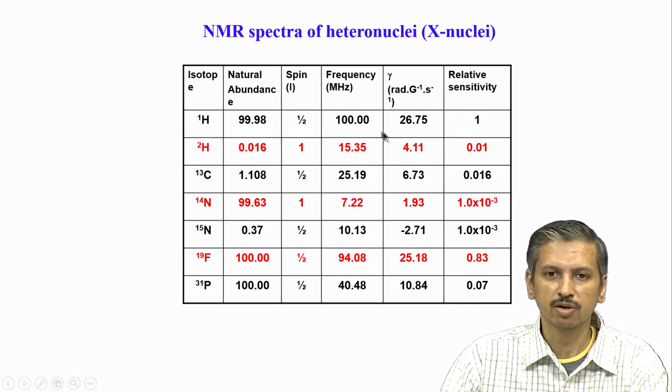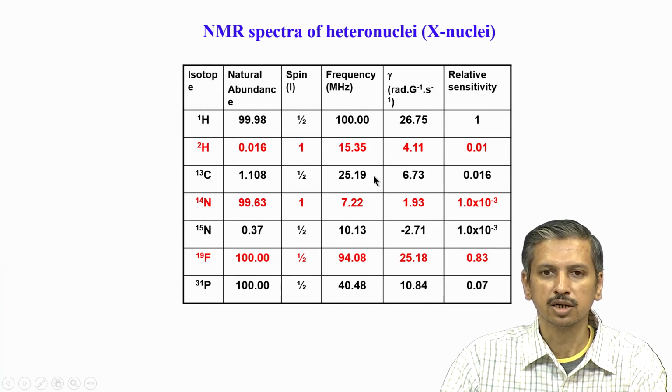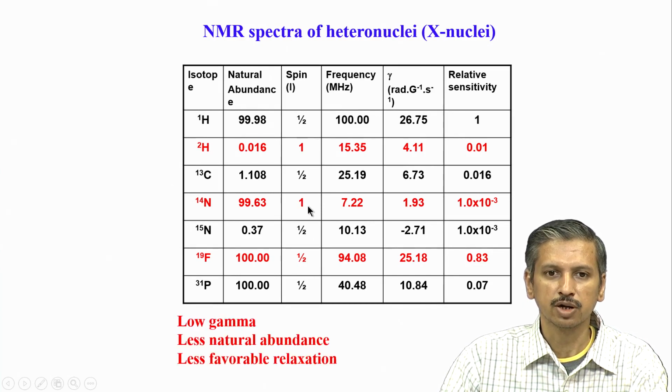So, these are the different parameters which are shown in this table. As I said, most of these are spin half nuclei, and that is what is favorable in liquid state NMR. Spin 1 nuclei we do not normally study in liquid state, but solid state NMR is done for these two nuclei. So, let us now look at the factors which I mentioned. You have low gamma as the first issue, the gamma value matters a lot, that decides the sensitivity.